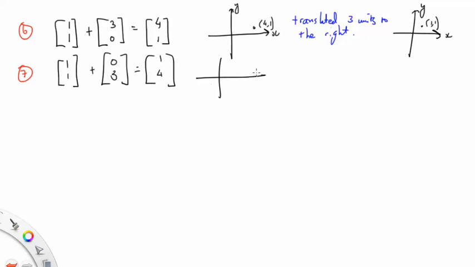Let's put that on our graph. So let's see, 1, 4. Oh, okay, that's gone 3 units up. So that's a translation of 3 units up.